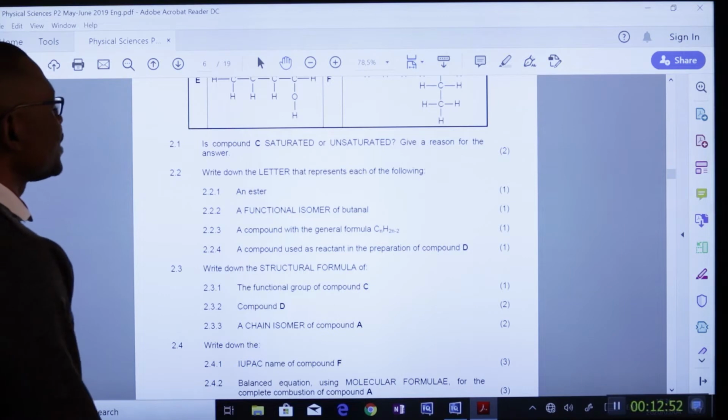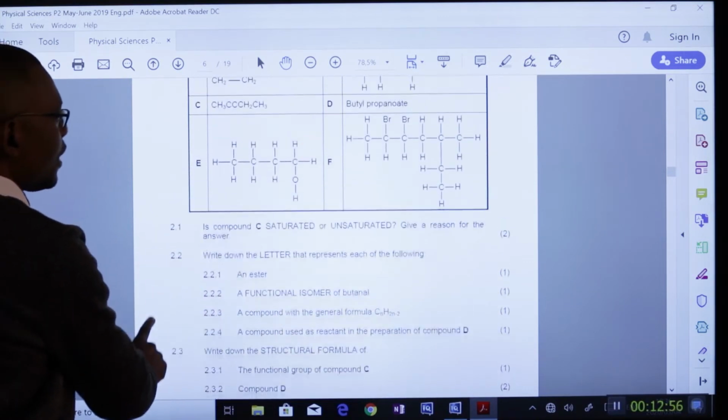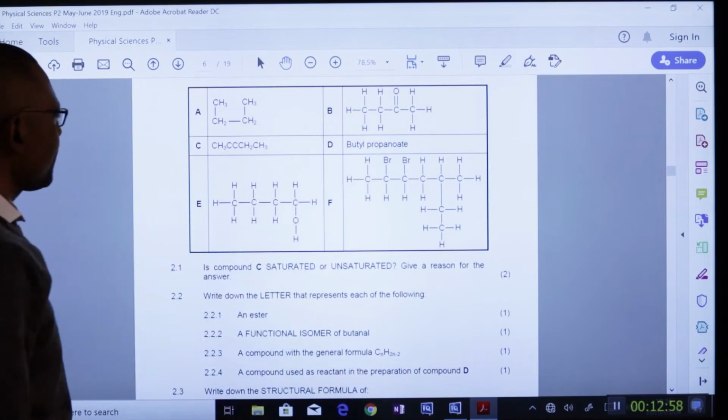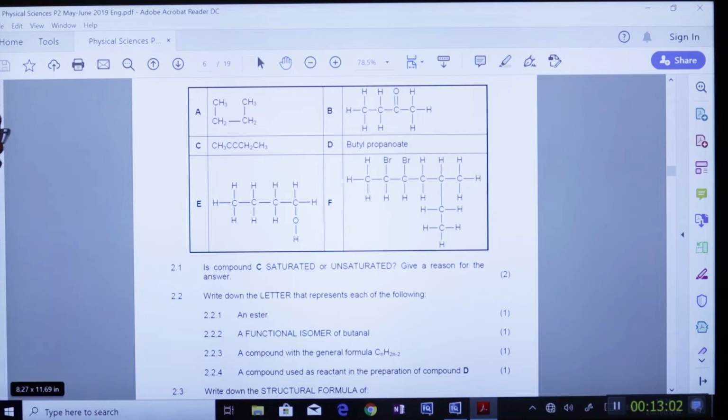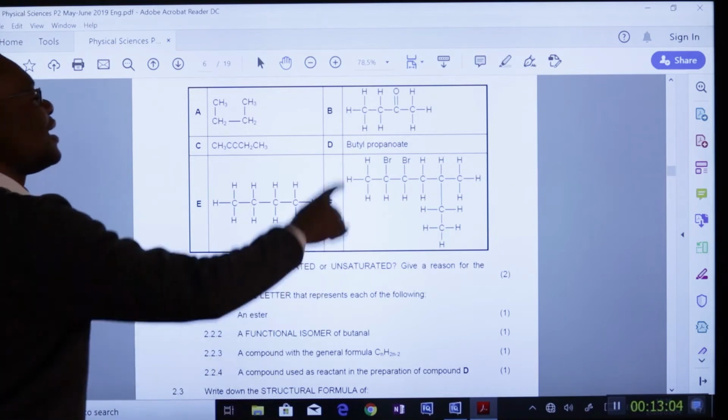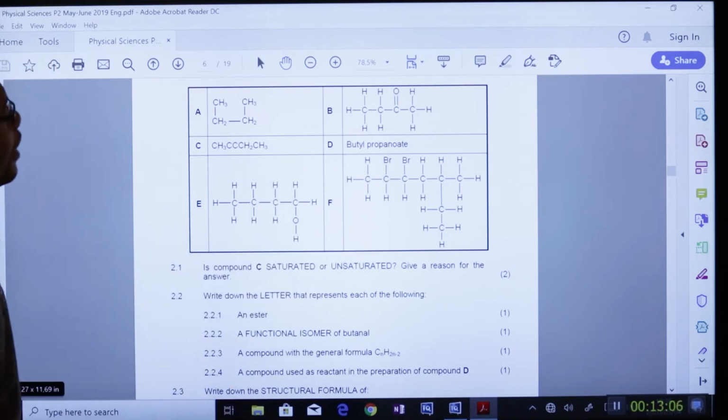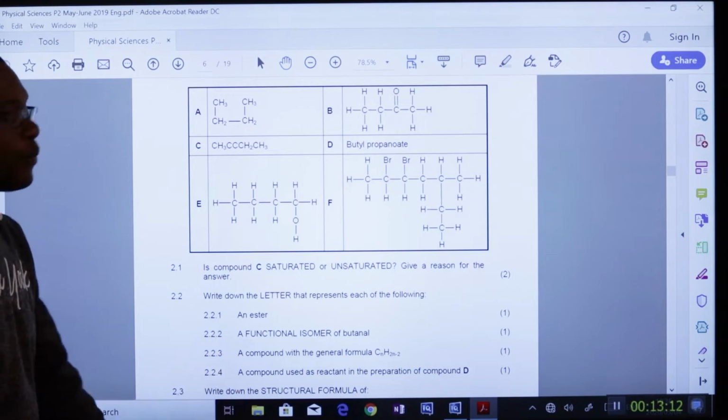Then a compound used as a reactant in the preparation of compound D. Okay. This is compound D, which is butyl propanoate. So we know that an ester is prepared from a carboxylic acid and an alcohol.